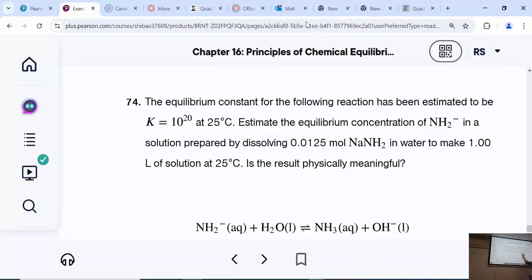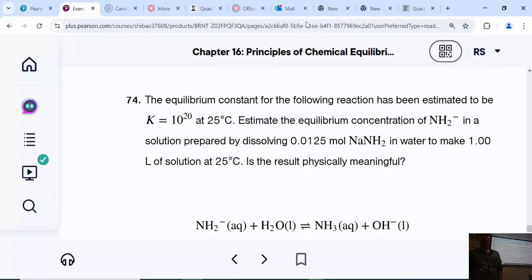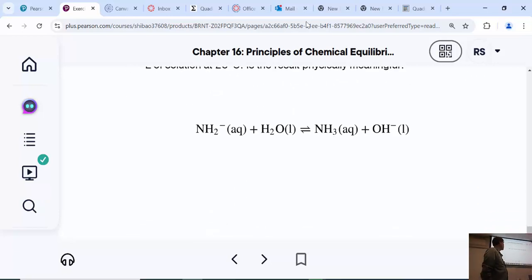Is the result physically meaningful? So here's the reaction. We know that strong bases do what in water? Strong bases, do they ionize in water? They hydrolyze in water. Hydrolysis means they're going to react with water, break it apart. And so here, strong bases react or hydrolyze with water completely. So if I have an amide, I expect it to react with water completely to form hydroxide.